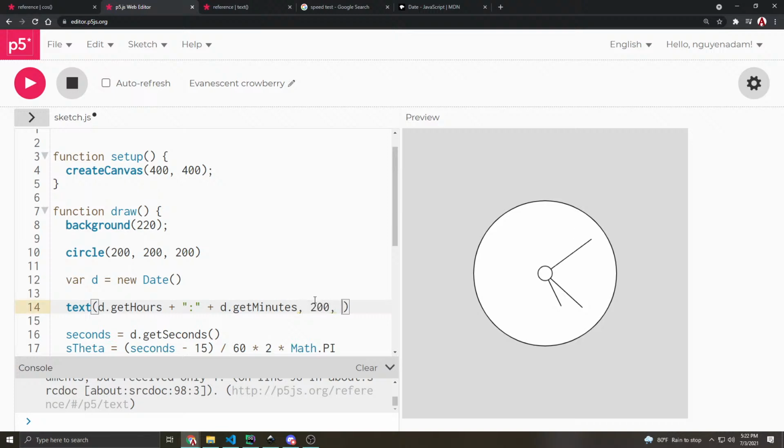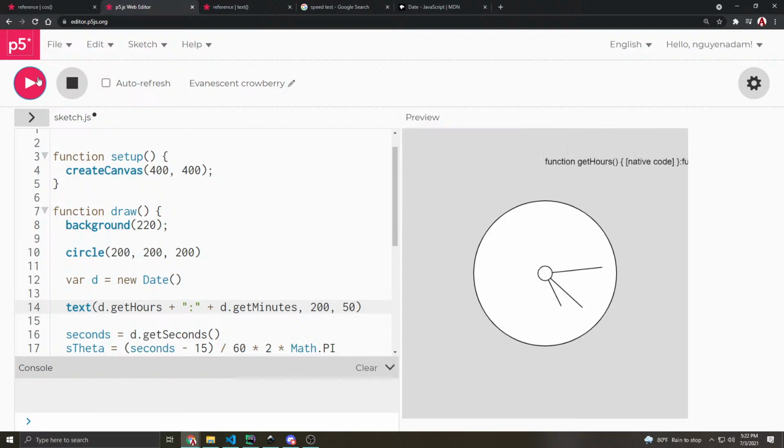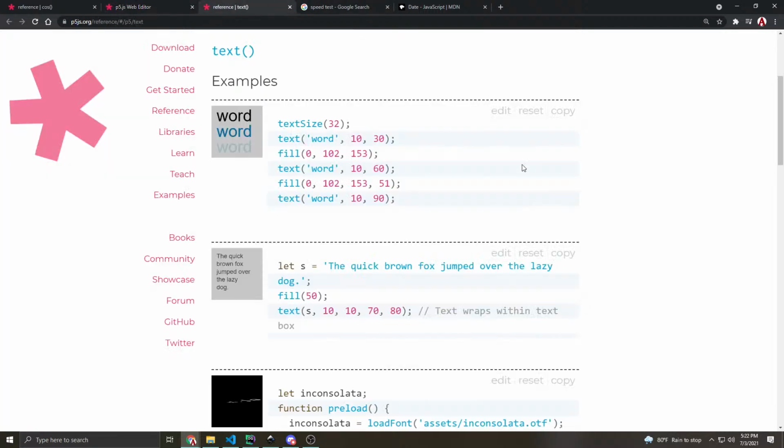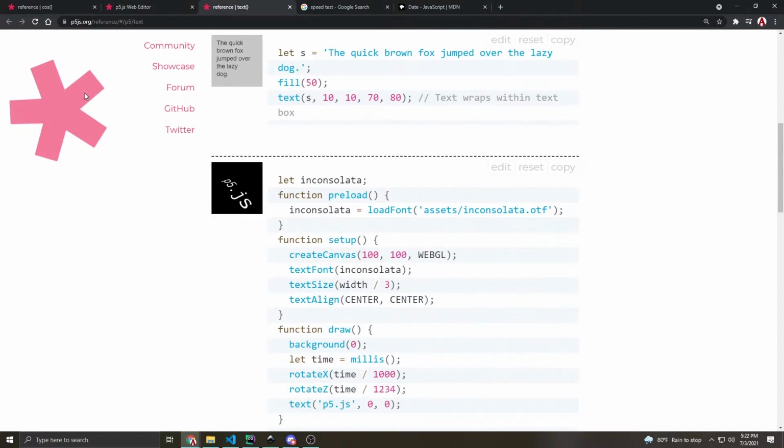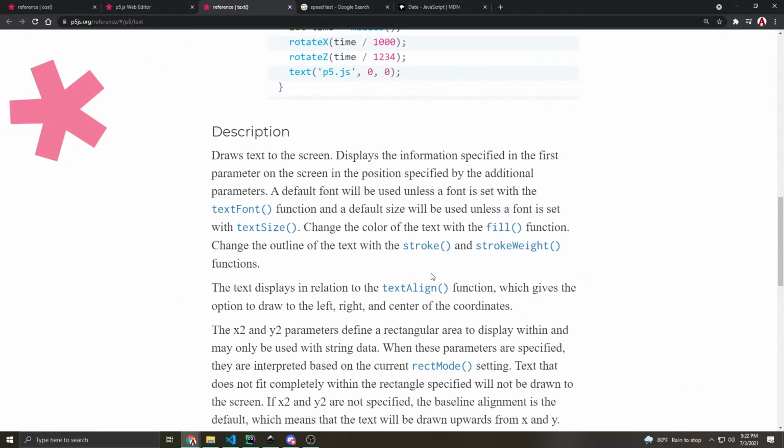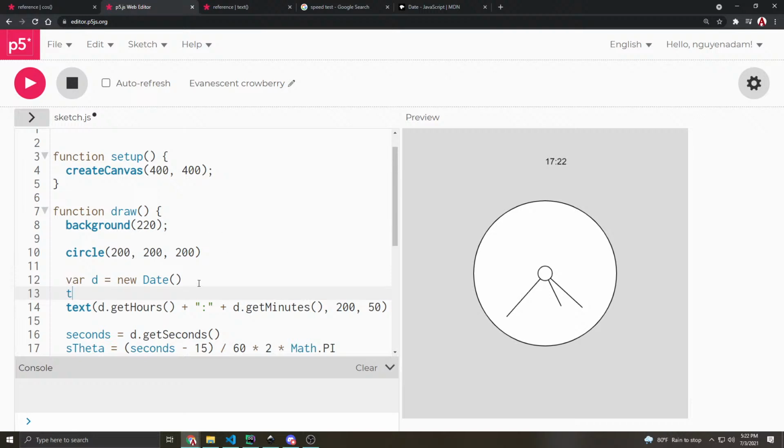So we want centered and 50. I guess you gotta get the text. I don't know if it needs the parentheses for the function. That works too. Okay. Now we need to align the text to be centered. We got text size, text align. How much you want to bet it's just center?